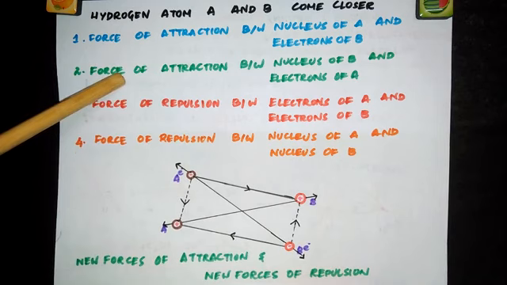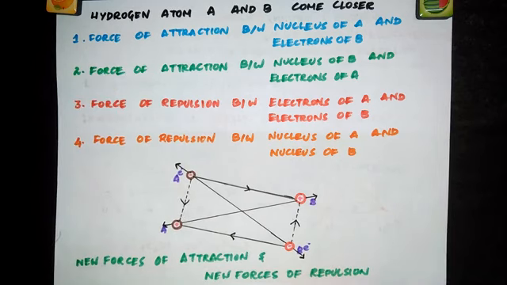Two of them are attractive forces that will be existing between nucleus of one atom and electrons of another atom. The other two are forces of repulsion that will be between electrons of one atom and electrons of another atom, and nucleus of one atom and nucleus of another atom.